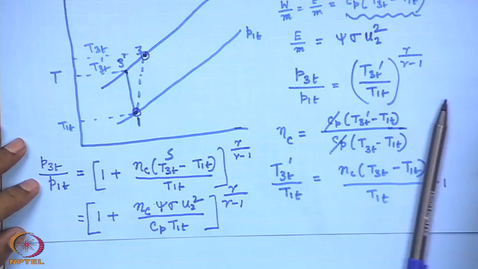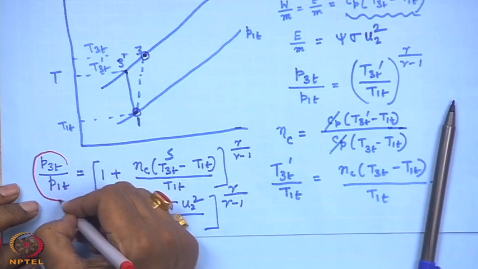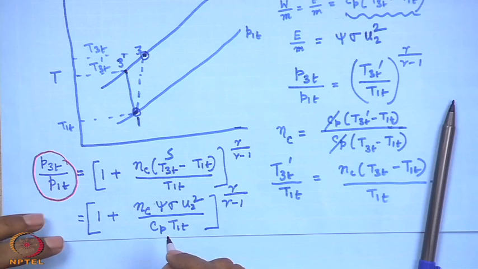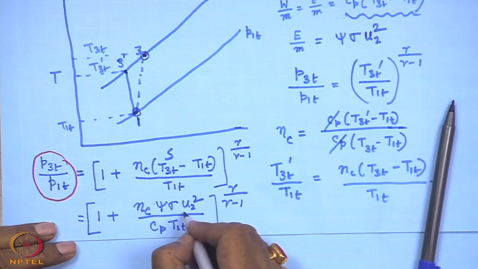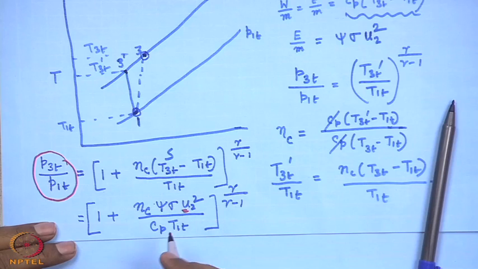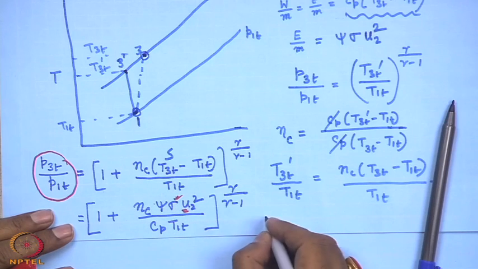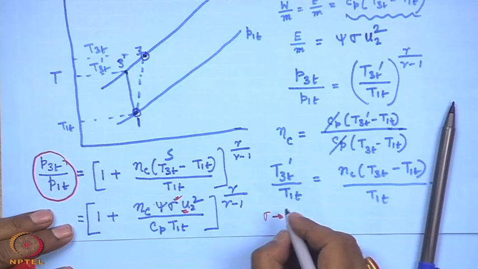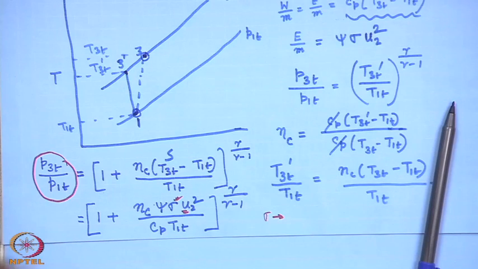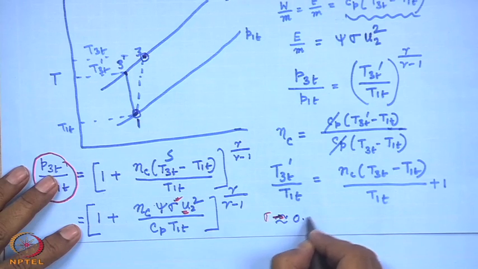So, here you see that the pressure ratio, which is an important parameter for the compressor, is expressed in terms of the peripheral speed of the impeller at its tip. Now, sigma is usually not a variable one, it lies, as I told earlier, around 0.9.